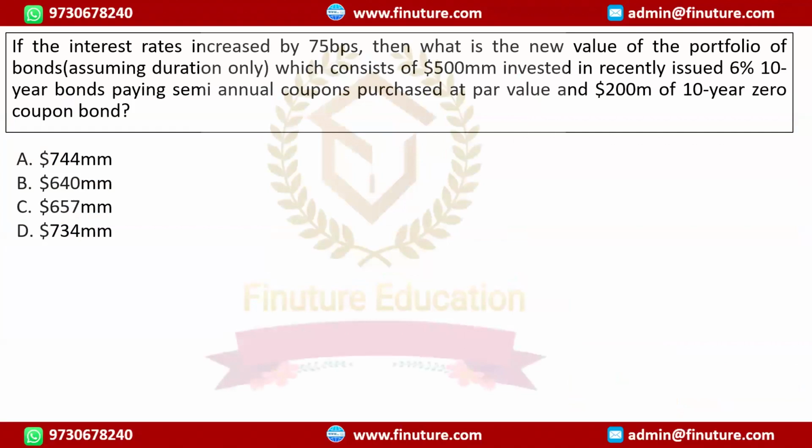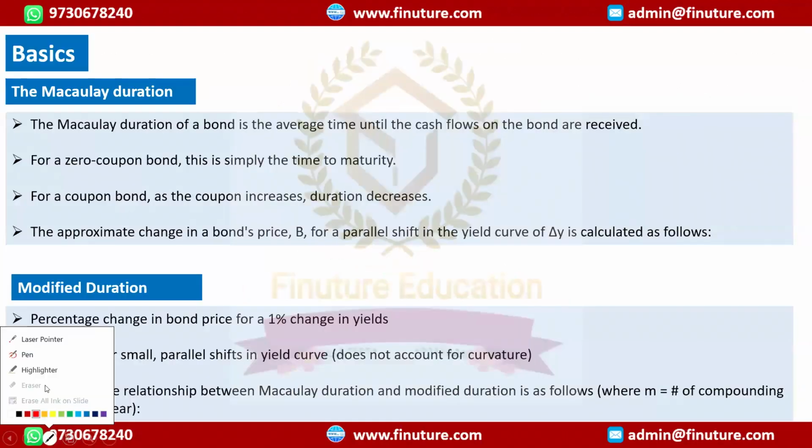So this was the question: there is a fixed income portfolio of total 700 million, out of which 500 million is invested in a coupon-bearing bond, which is paying a semi-annual coupon of 6%. And we have another bond. Let me just highlight keywords.